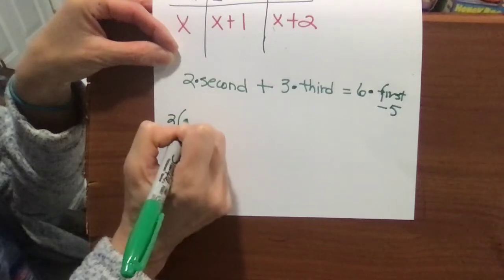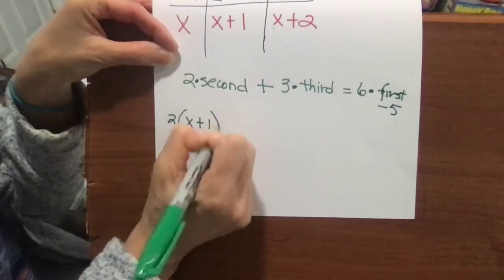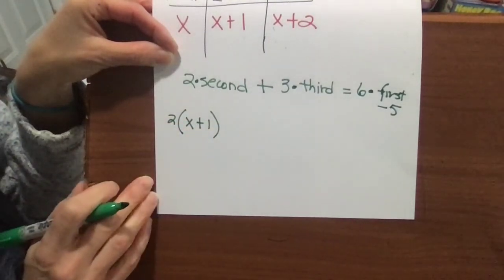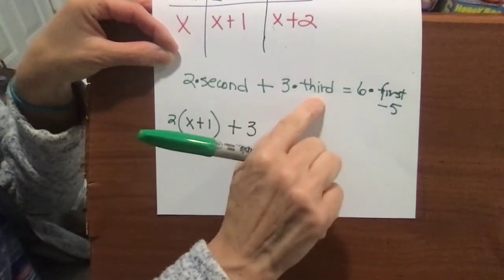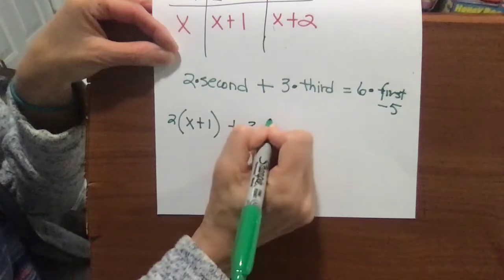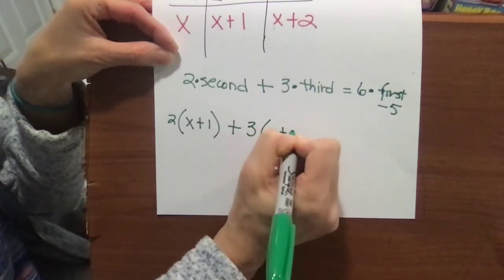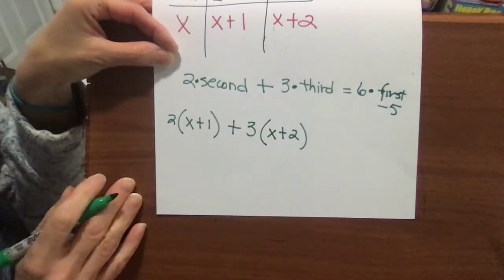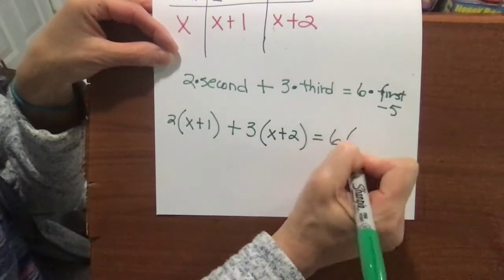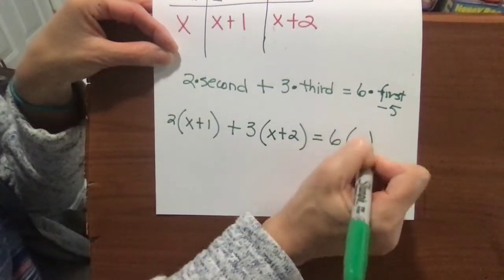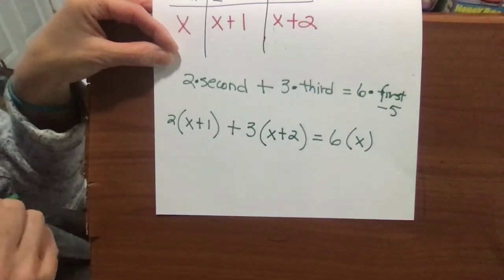Because it's a quantity, it has more than one term, you're going to put it in parentheses. Plus 3 times the third. Well, the third number is x plus 2. So again, more than one term there, we're going to put it in parentheses. Equals 6 times the first. Well, the first number is x, so we might as well just put that in parentheses also to be safe.